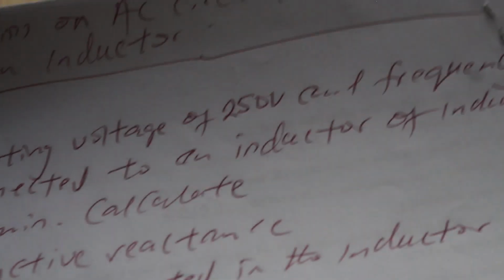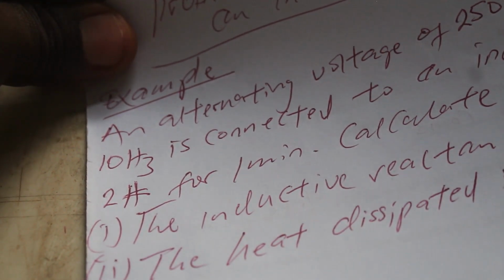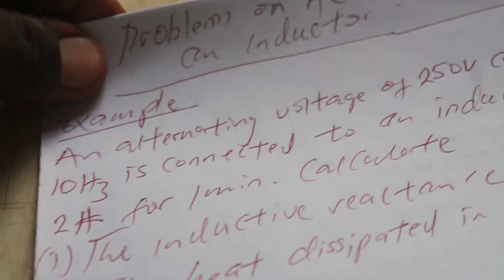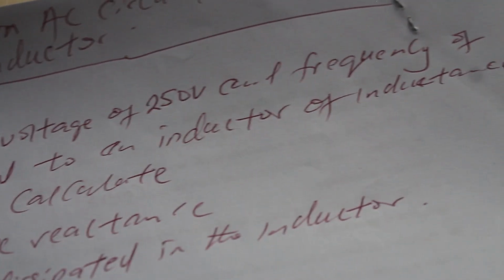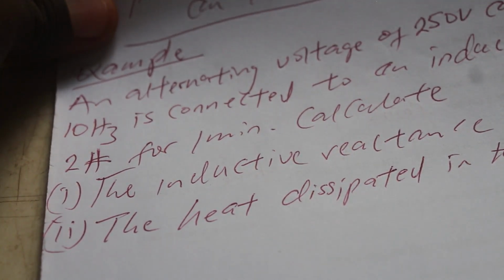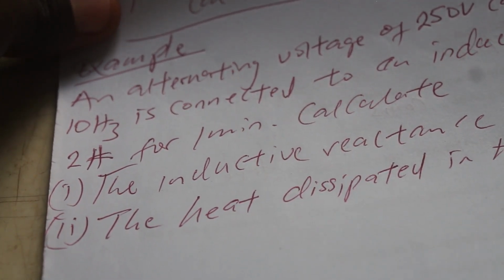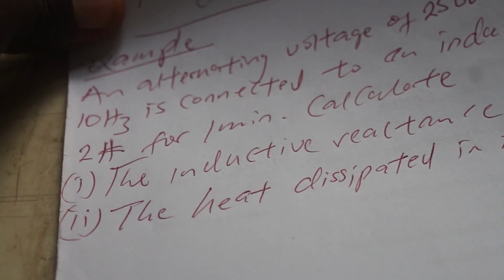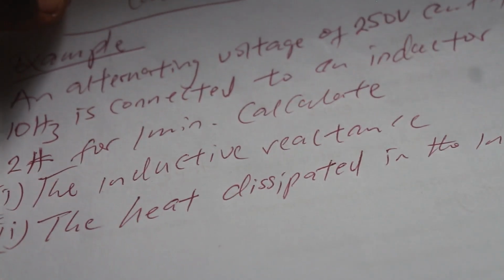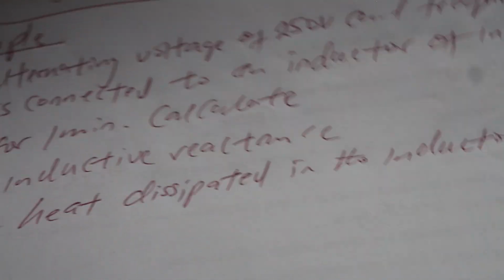So an alternating voltage of 250 volts and frequency of 10 Hertz is connected to an inductor of inductance 2 Henries for 1 minute. Calculate 1. The inductive reactance, and 2. The heat dissipated in the inductor.